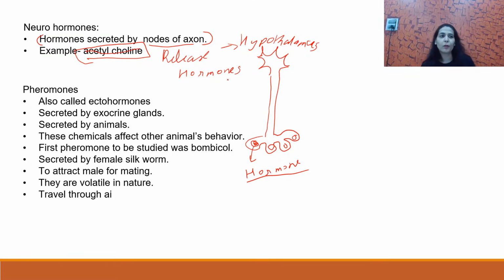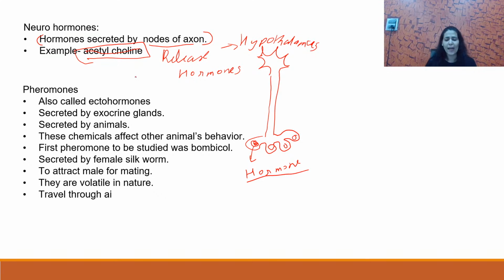Mimicry by animals, where one animal tries to behave like another animal. Or during the mating period, the males and females try to attract each other with the release of certain hormones. Such hormones are known as pheromones.